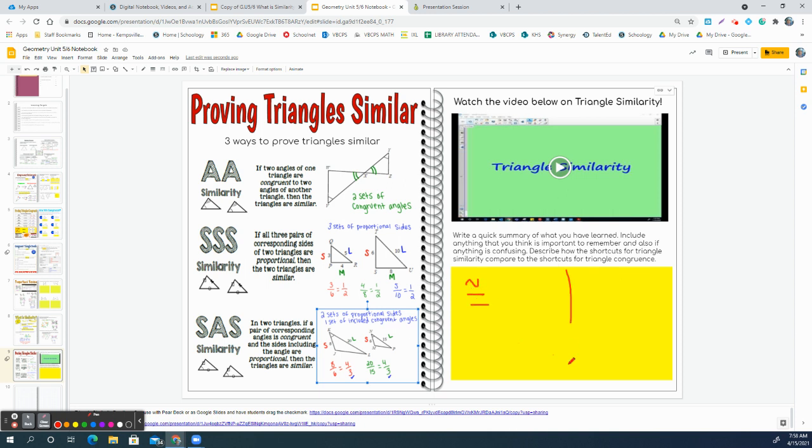So we've got congruent, and we've got similar. Both of them have side, side, side. Both of them have side, angle, side.